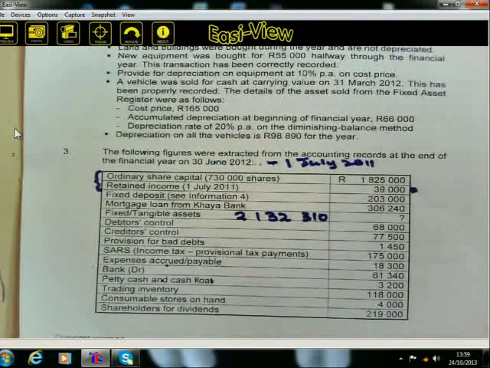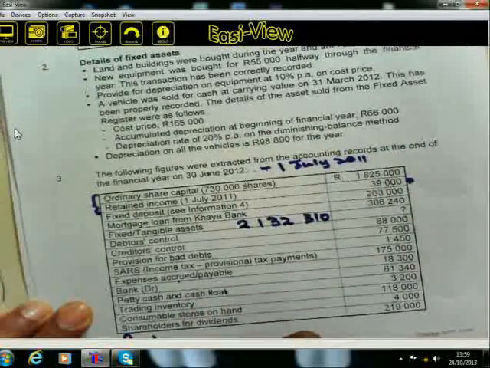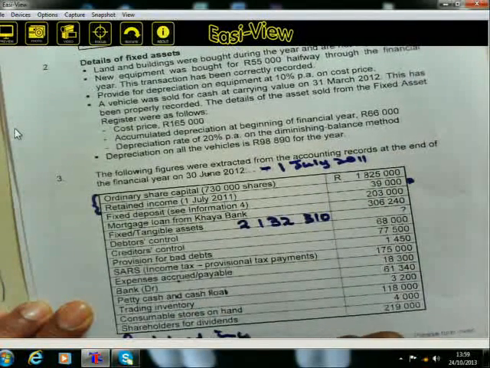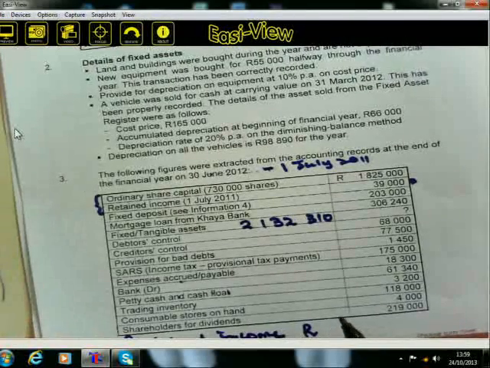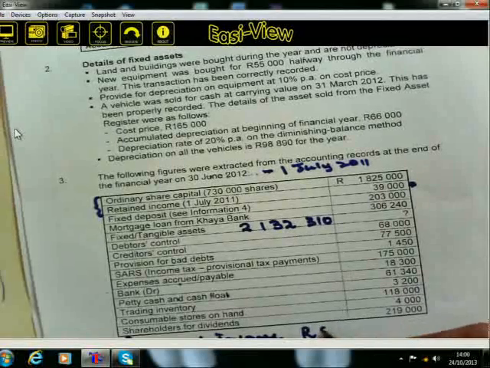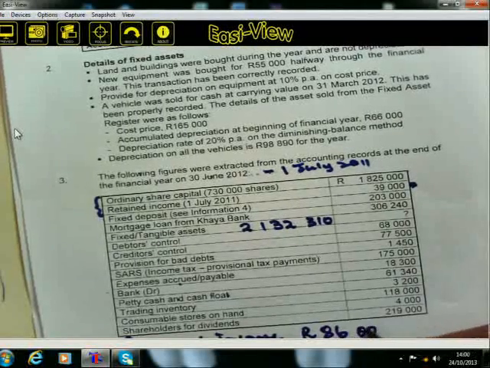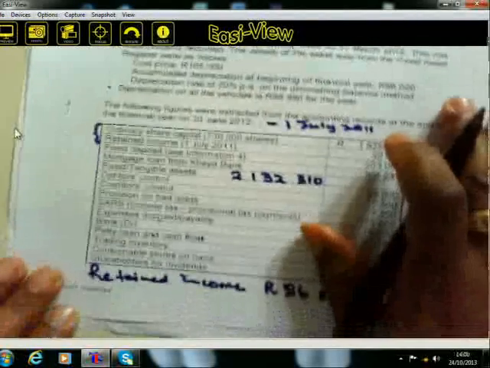So according to this exercise, their retained income at the end was 86,000 rand.